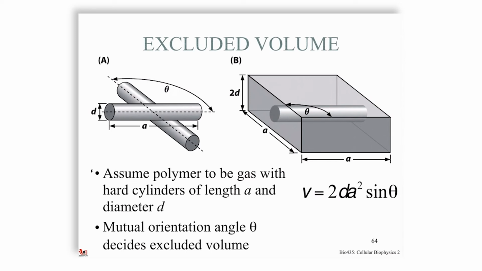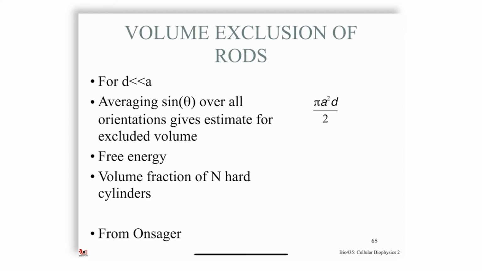The mutual orientation angle decides the excluded volume, which is given by d a squared times sine theta. This is from geometry. And for d much less than a, the averaging of sine theta over all orientations gives an estimate of the excluded volume, pi squared d by 2. The free energy of G excluded is kB T times n phi.